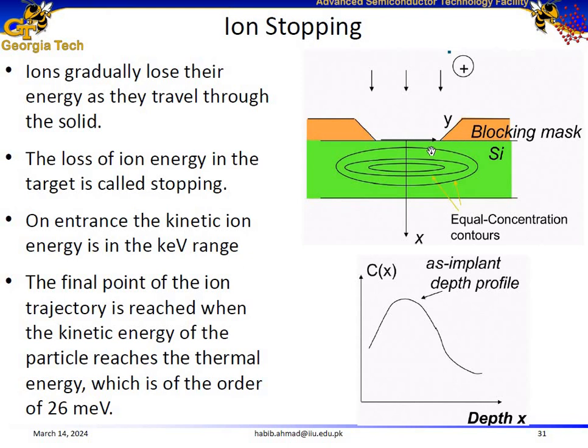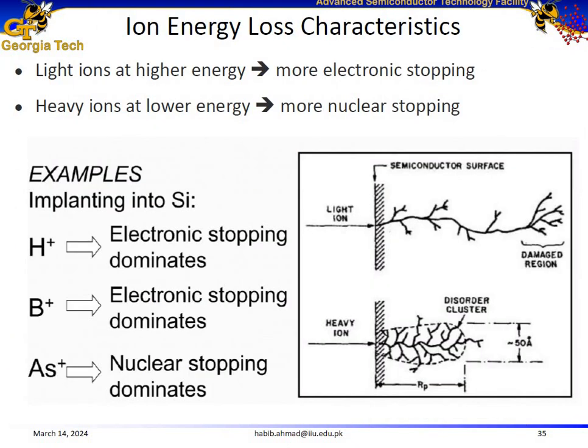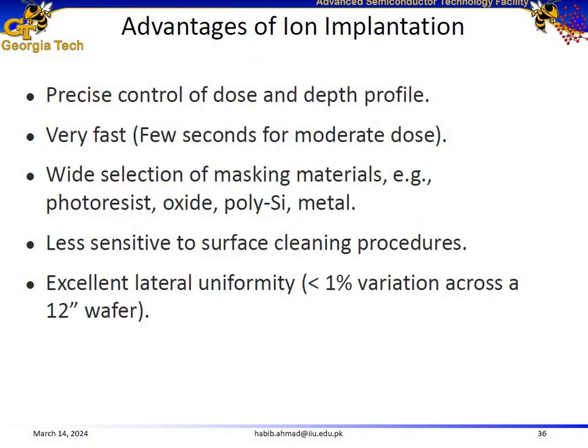And since in ion implantation the peak carrier concentration is at a distance way below the surface, and the cleaning procedures mostly affect the surface only, cleaning procedures do not affect ion implantation. Also, ion implantation results in excellent lateral uniformity, which is also crucial for consistency in electronics.